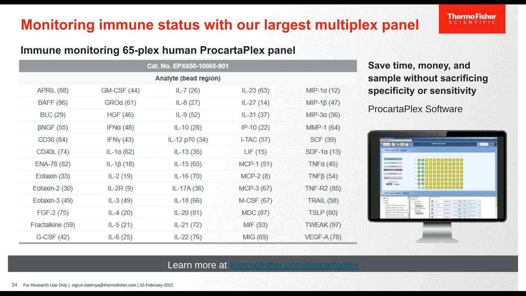So the human immune monitoring ProcartaPlex panel, which is actually the largest available panel on this multiplex platform, enables efficient immune response profiling, biomarker discovery and validation by analyzing 65 cytokine, chemokine, and growth factor targets simultaneously in a single well, and is complemented by an easy-to-use software solution to also enhance data analysis.